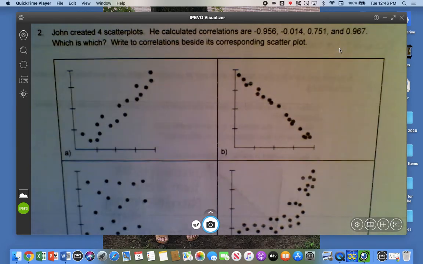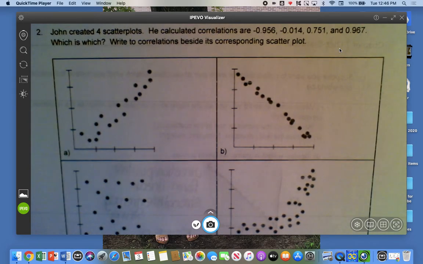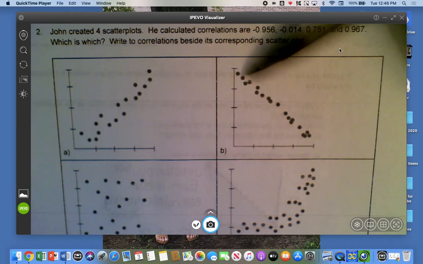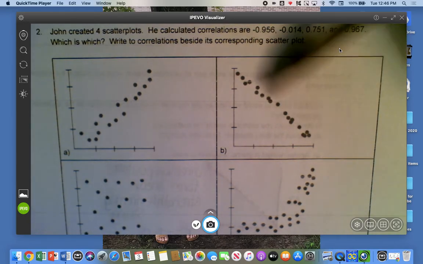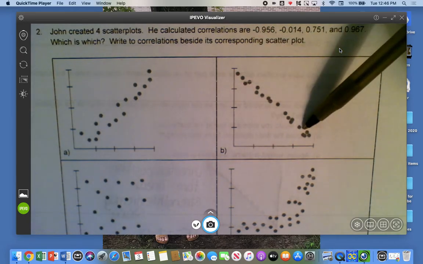Out of all of these, are there any of them that you're absolutely certain of the correlation coefficients? What do you think B is? If you look here, would you say that this is a super strong negative correlation?